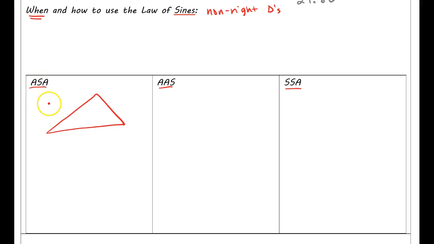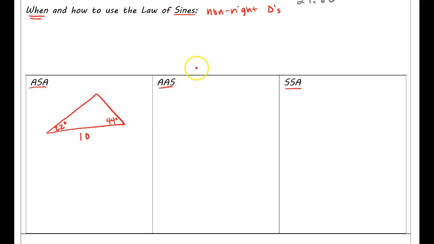An angle, side, angle means that they are giving you, like maybe they give us 22 degrees here, followed up by a side immediately attached. It could be the side above or the side below, so maybe they tell me that's 10. Followed by the angle right behind it. So they would have to have given me a picture that looks like this. And if they give me that, that would be an ASA.